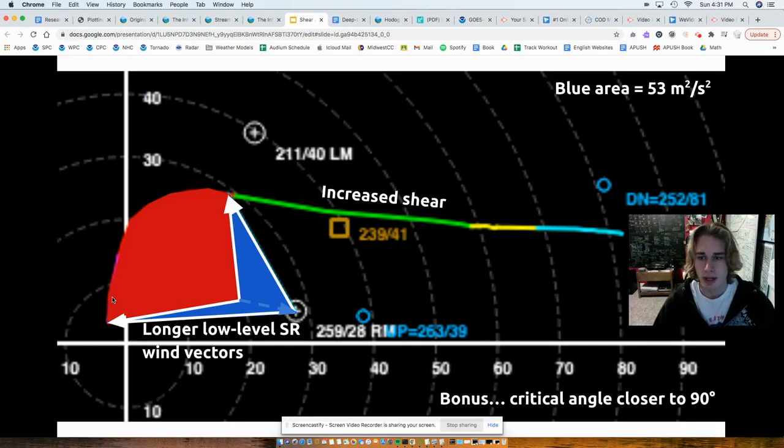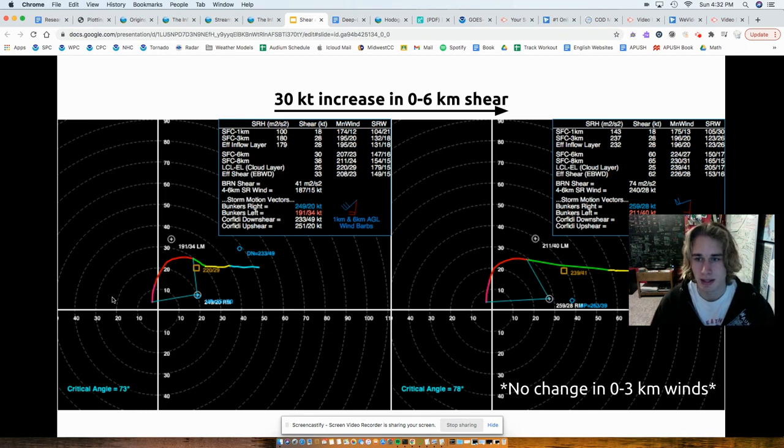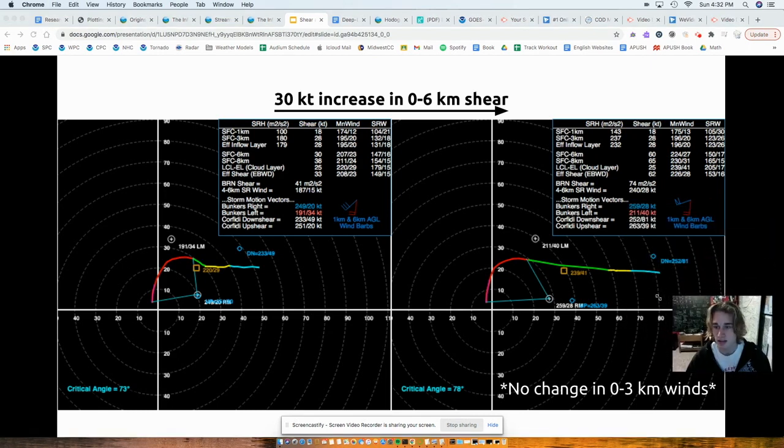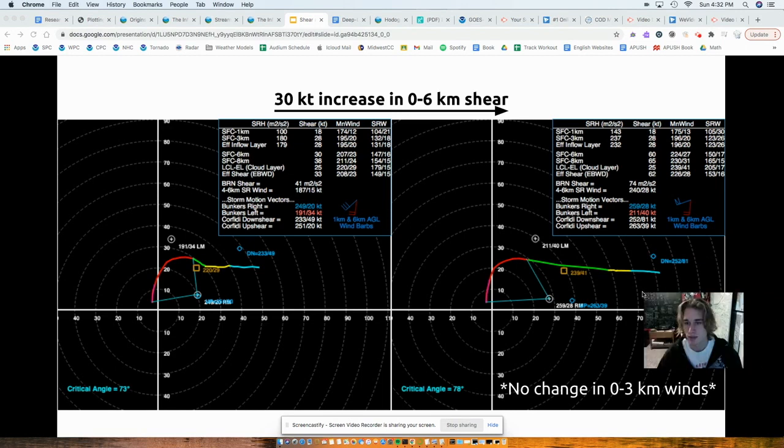And so now I want to look at just how the indices here changed between these hodographs. And what we see is this is just with a 30 knot increase in 0 to 6 kilometer shear. Nothing else was changed.